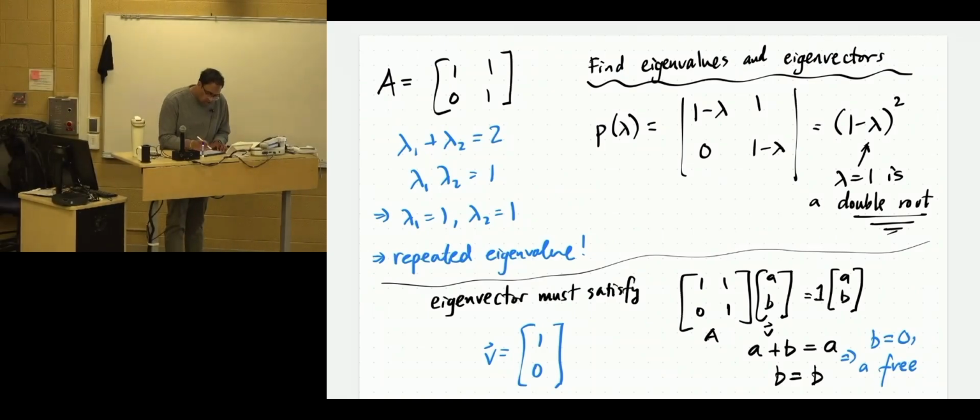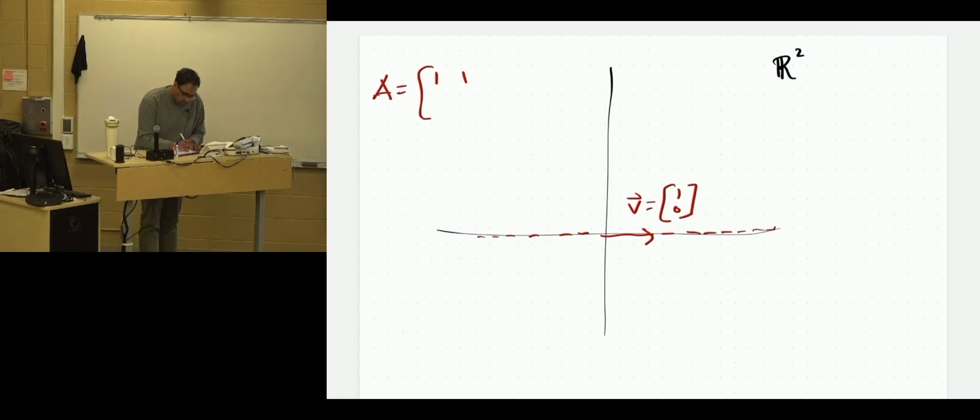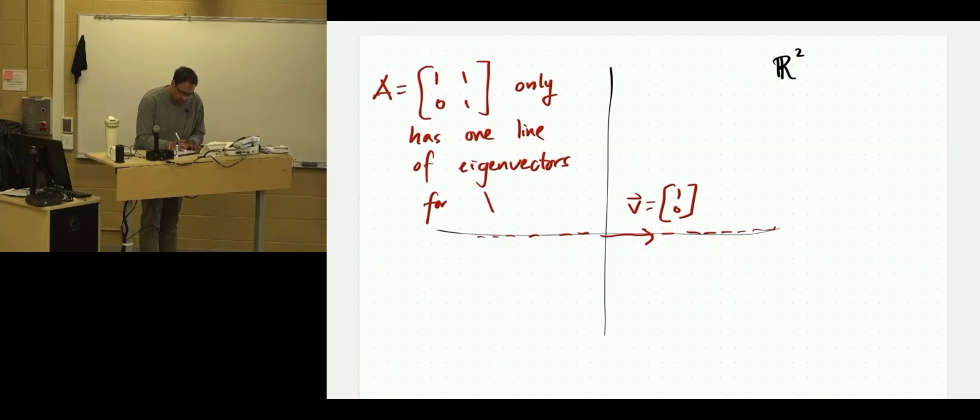So if I draw out R^2 here, what I'm emphasizing is that A, which is [[1, 1], [0, 1]], only has one line of eigenvectors for lambda equals 1.